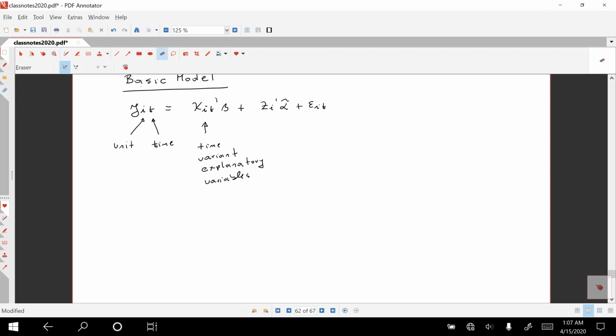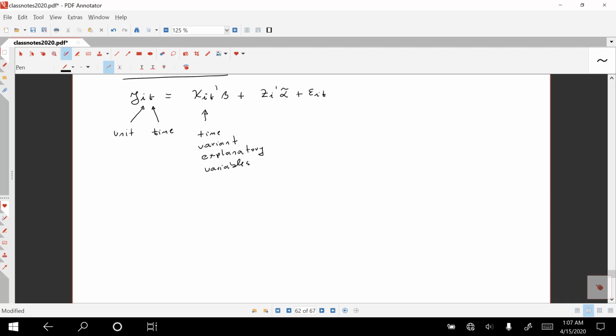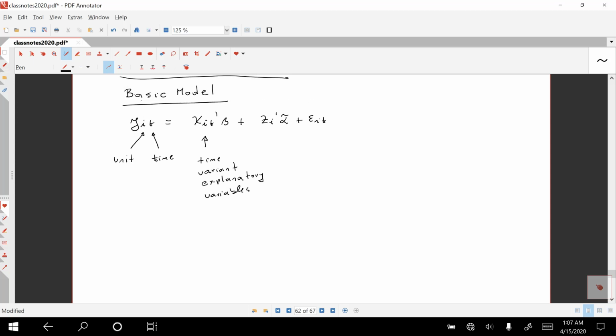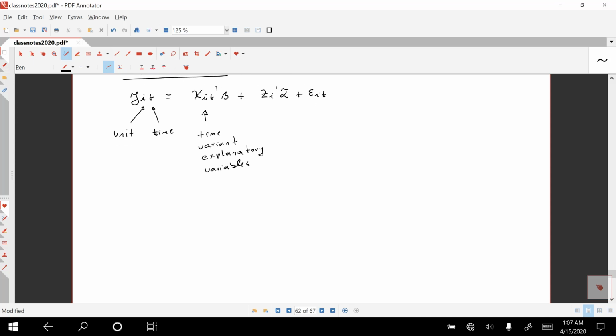This is a tilde, this is not a hat. I use the tilde to differentiate it from another coefficient that we're going to be using later on. The time variant explanatory variables exclude the intercept in this basic model.